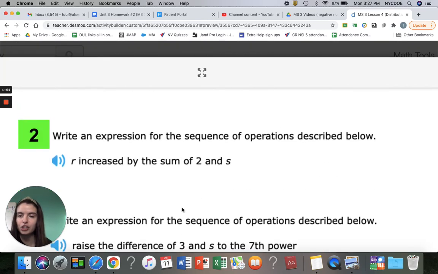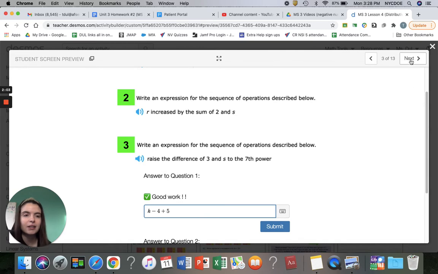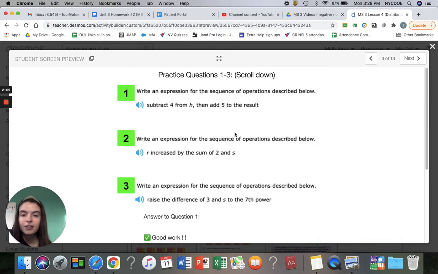How about question 2? Write an expression for this sequence of operations described below: r increased by the sum of 2 and s. What does the word sum mean? Sum is like saying addition. The word increased is also telling us to do addition.